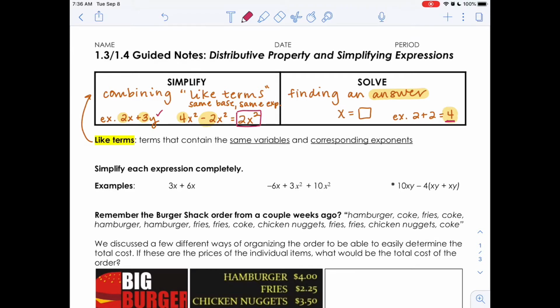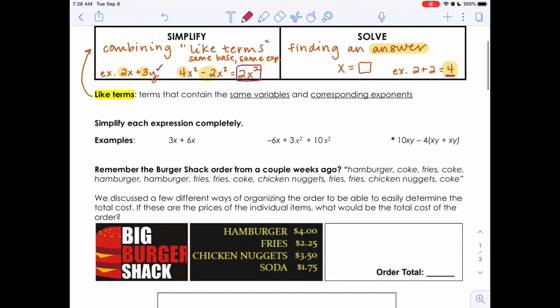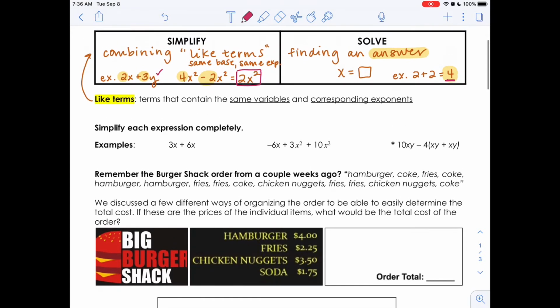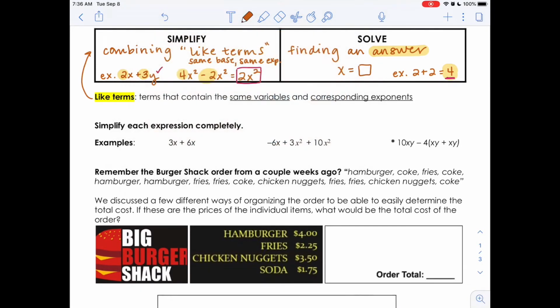This week, we're going to deal more with simplifying expressions. So we already covered what like terms are, terms that contain the same variables, meaning the same base, and corresponding exponents. So we're going to practice simplifying each expression completely here. We have 3x plus 6x.